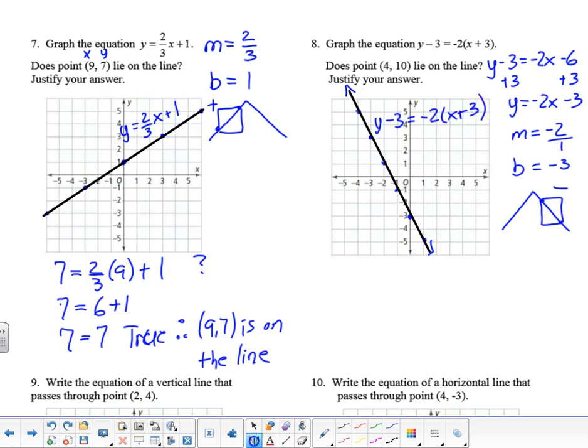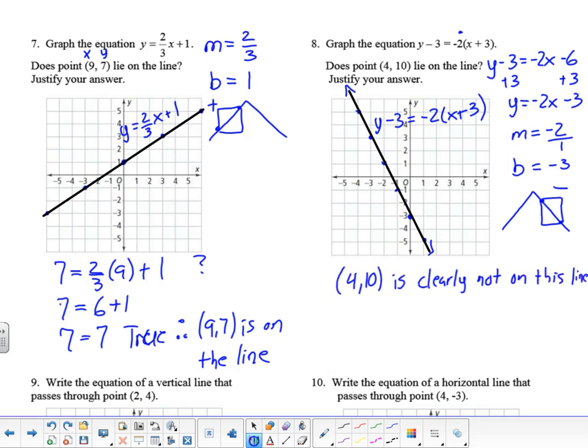All right, so the point 4, 10 clearly is not on the line. I can just tell 4, 10 is going to be some point up here, so it's clearly not on this line.